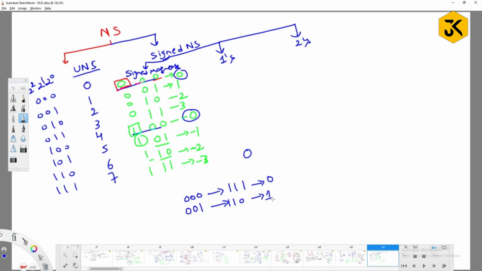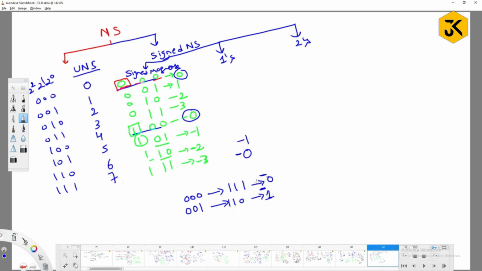Is this normal 1 or complement 1? Complement 1, meaning that it should be minus 1. There is no meaning for minus 0, that's why I didn't write it; for your understanding, I am going to make it as minus 0. Right? So 110 represents what? Minus 1.